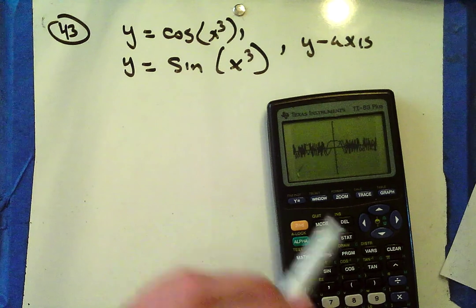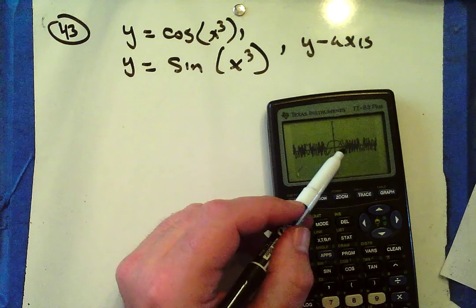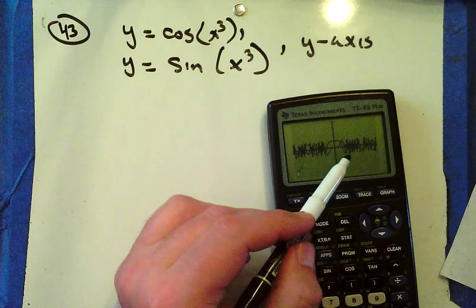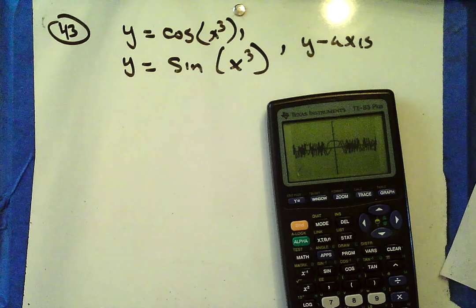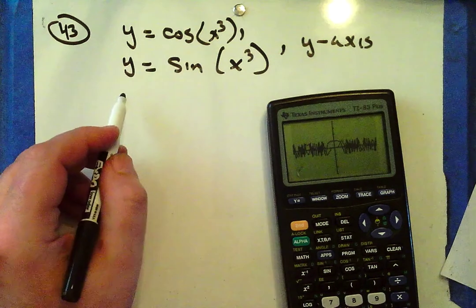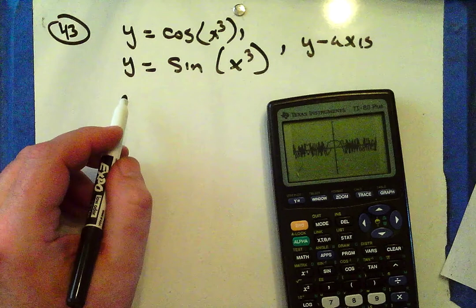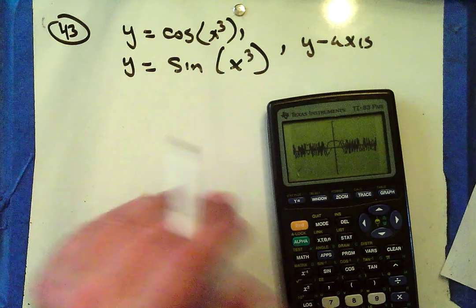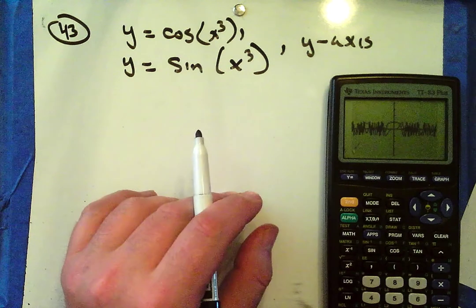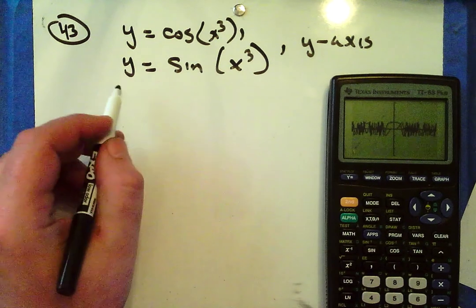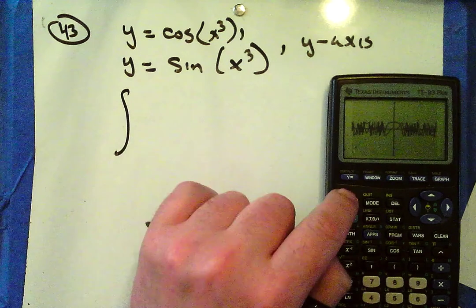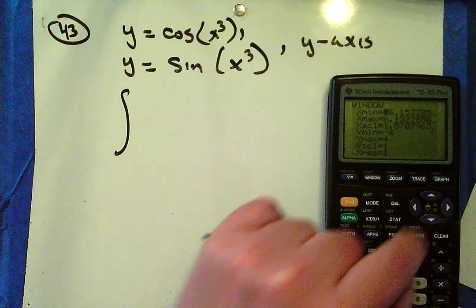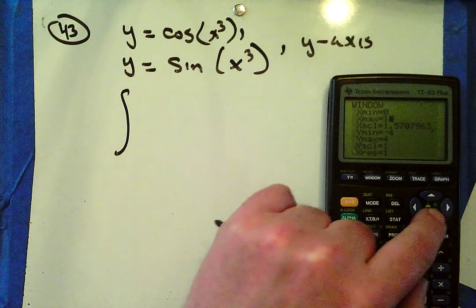I think what I'm looking at is just this region here, but what about all of that? Well, let's see. So the cosine is the top function and the sine is the bottom function. Yeah. So let's then do the 0 to 1.